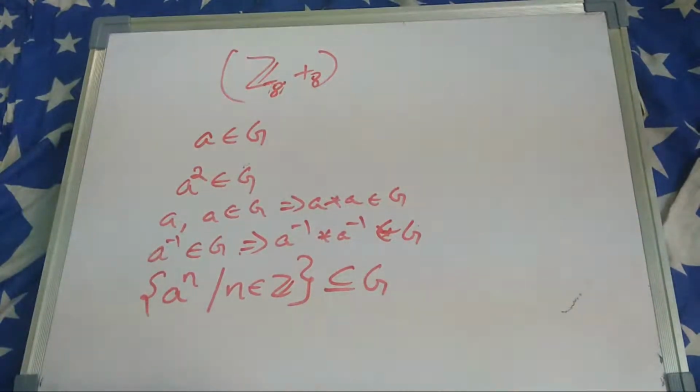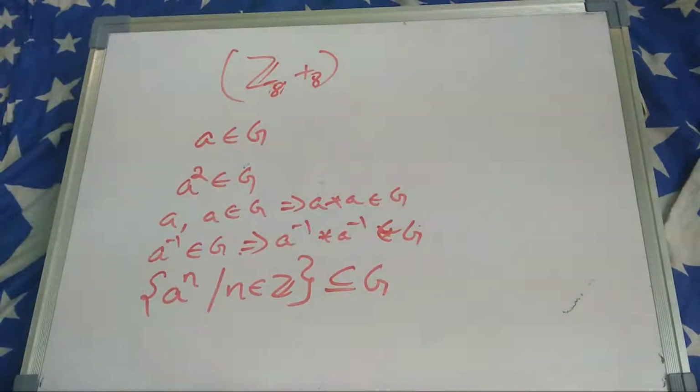That is, given any group, this set of all A power n where n belongs to Z forms a subgroup of G.